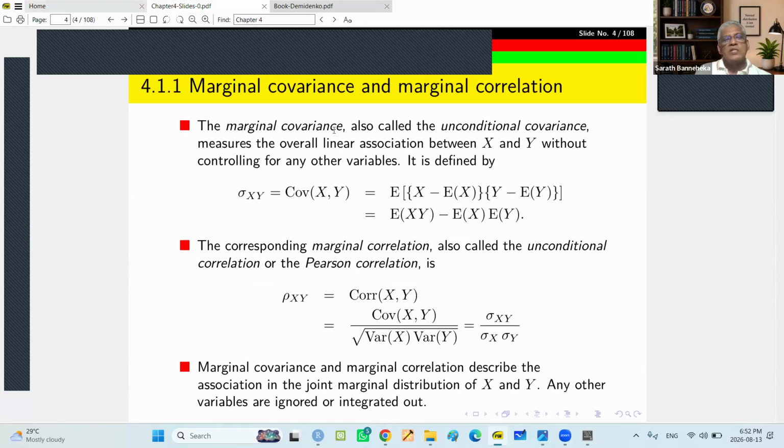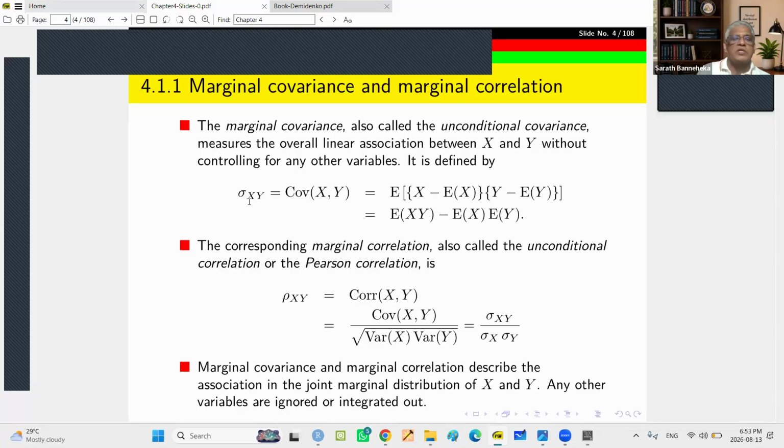The marginal covariance, also called the unconditional covariance, measures the overall linear association between two random variables, say capital X and capital Y, without controlling for any other variables. It is defined by the expected value of the product of the differences between the random variable and the corresponding expected value.